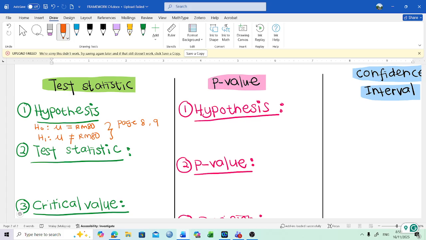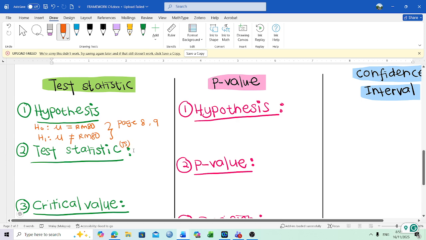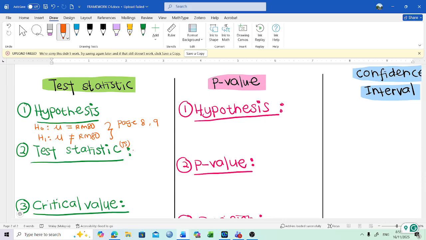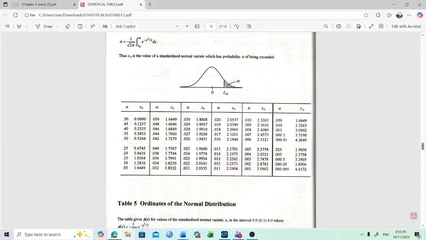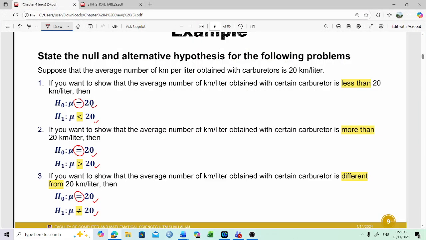Then we go to the next step, which is the test statistic, or later I will denote this as TS. TS for test statistic. For the test statistic, you need to calculate. How to calculate? Go to your slide.